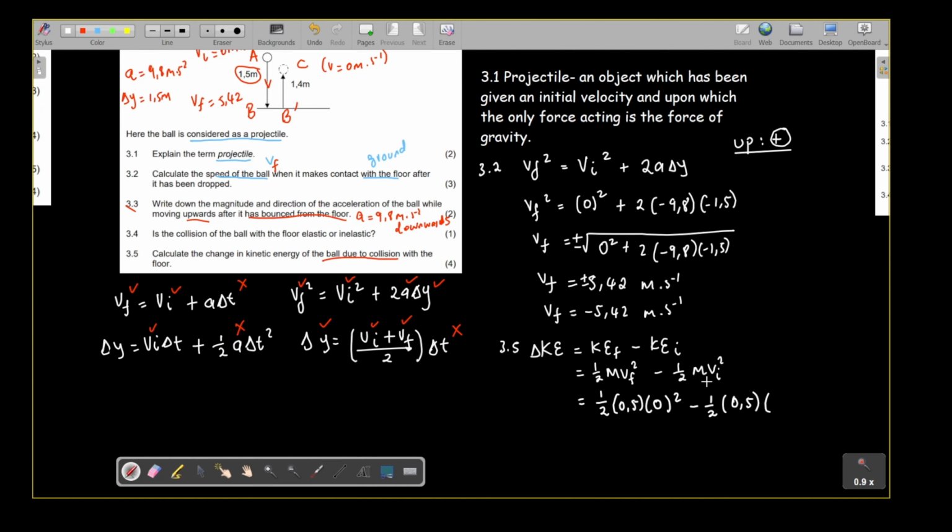However, the initial velocity now, remember that the ball reached the ground with 5.42 meters per second. If it is an elastic collision, because the ball does not lose energy, the velocity it reaches with is the same velocity that it's going to go up with. But if it is an inelastic collision, students, the velocity is going to decrease.